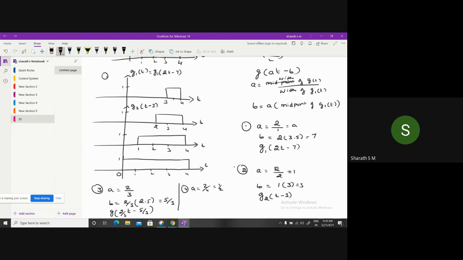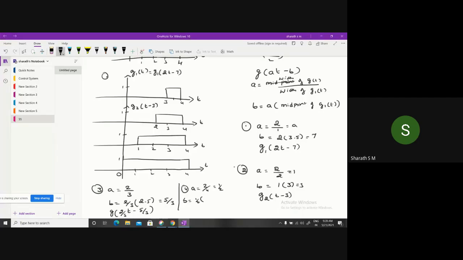So B is equal to A into the midpoint here. 0 to 4 midpoint is 2. So g of at minus b is 1.